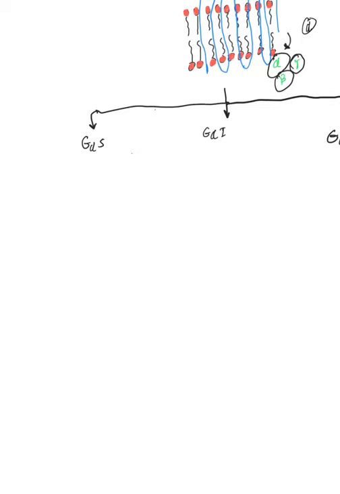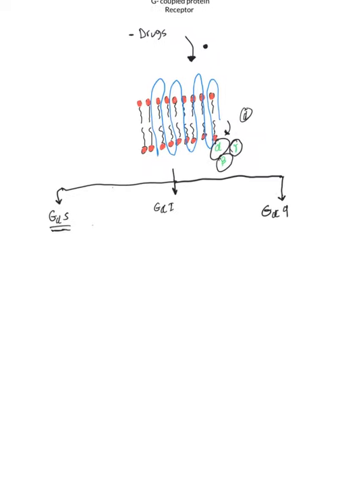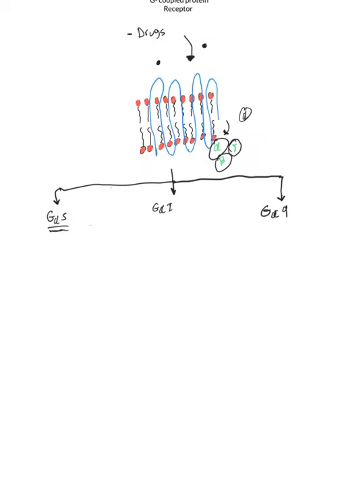For G alpha S, let's first go over the general steps. A ligand will come and bind to the protein and activate it, let's say epinephrine, for example. This makes the subunits activated, so the alpha subunit will dissociate from the beta and gamma.